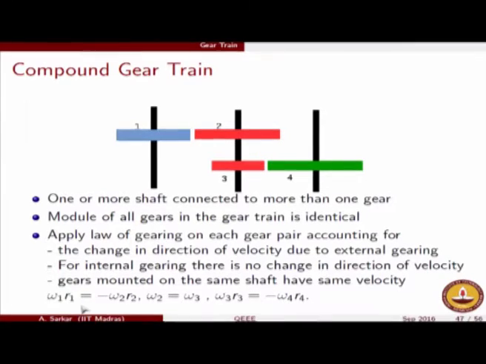So using this logic, if we know omega 1, we can calculate omega 2. Then omega 2 is the same as omega 3. So omega 3 will be calculated, and again using this part of the formula, omega 3 r3 being equal to minus omega 4 r4 enables us to calculate omega 4, which is the final output speed.